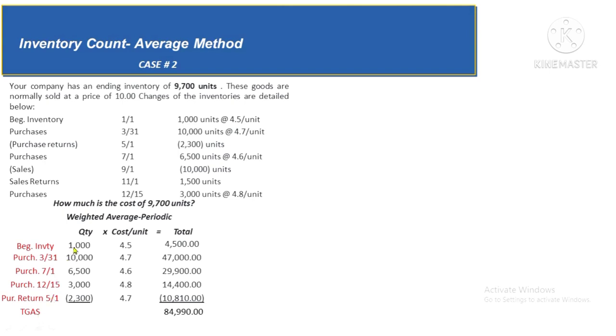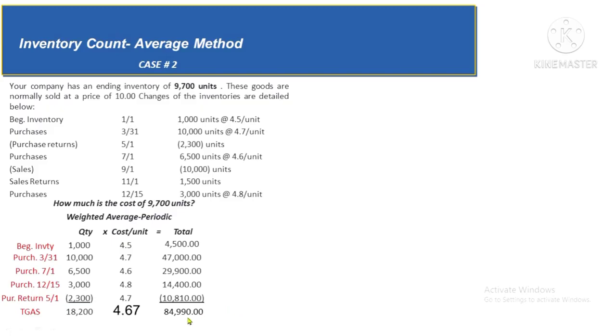So if you add this beginning inventory in units plus the purchases in units, of course, less purchase returns, then you will get 18,200 units. So meaning, if 84,990 is the total cost of 18,200 units, then the per unit cost in the average is 4.67. How did we get that?